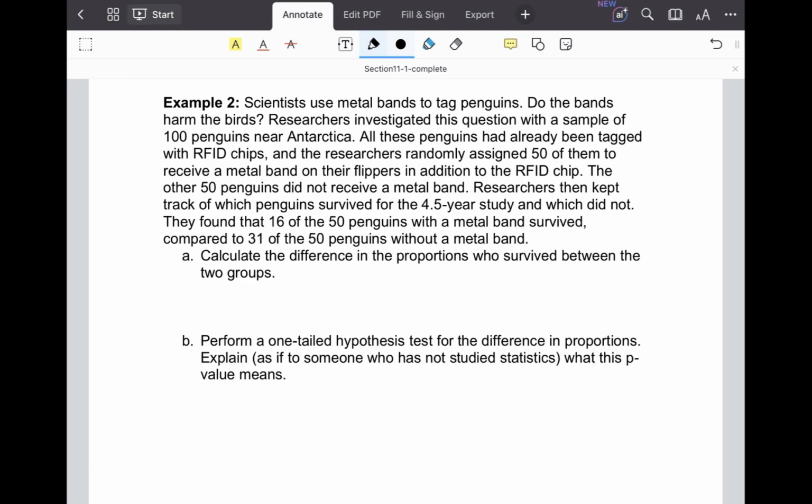Researchers then kept track of which penguins survived for the 4.5-year study and which did not. They found 16 of the 50 penguins with the metal band survived, and 31 of the 50 penguins without the metal band survived. So the first step is, it says calculate the difference in proportions of those who survived between the two groups.